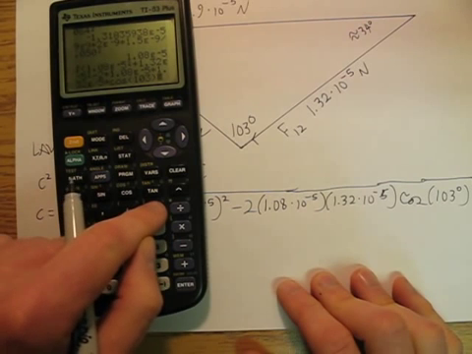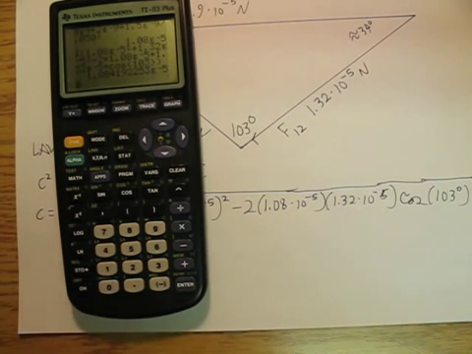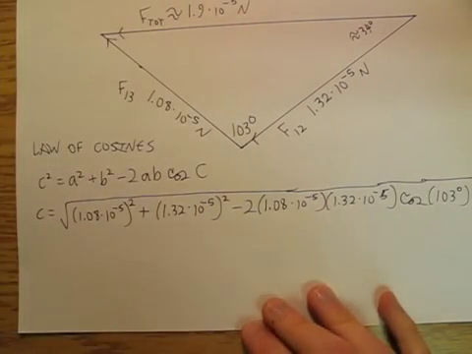Close the parentheses on the cosine, close the parentheses on the square root. Hope it says 1.9 times 10 to the negative fifth. It says 1.88 times 10 to the negative fifth.